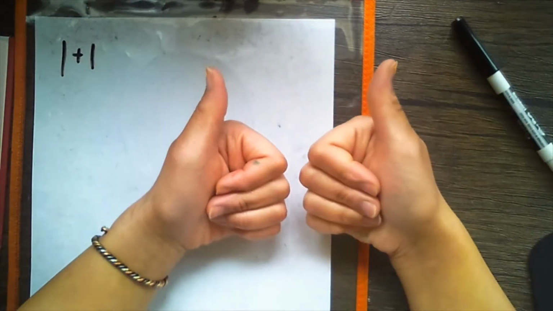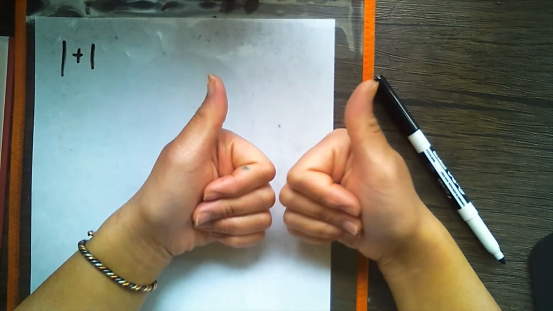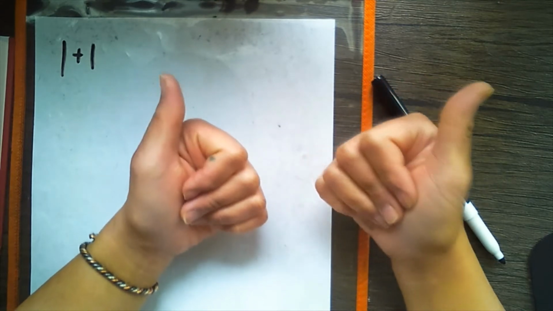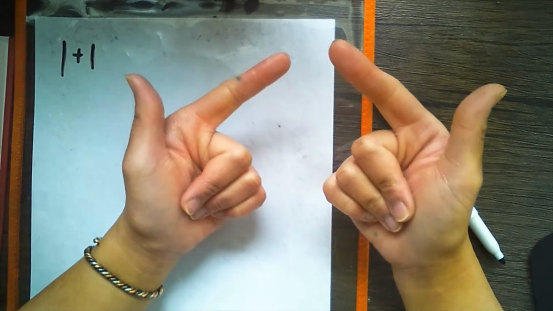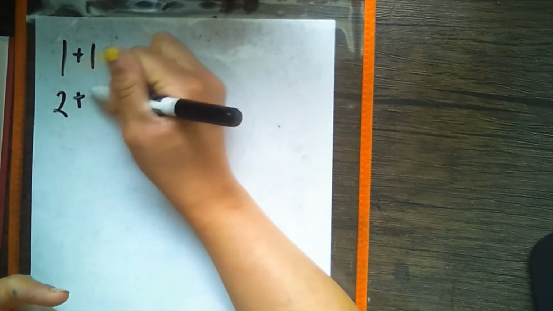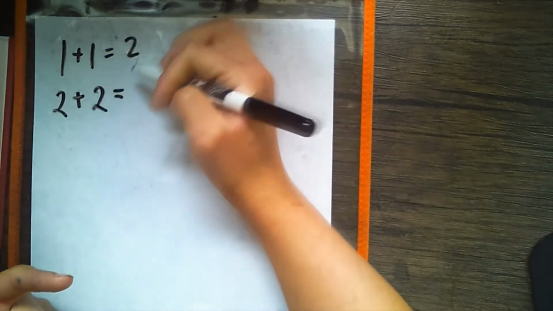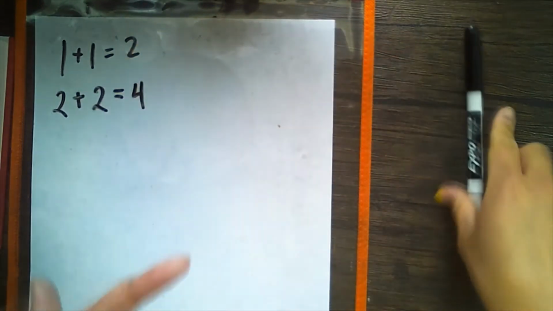Alrighty, now let's go back to holding our thumbs up. Go ahead and pop your index fingers, your first index fingers. Bloop. What is our new addition sentence? Great. It is 2 plus 2. Whoops, sorry, forgot to write the solution there. 2 plus 2 is 4. Let's go ahead and keep going.